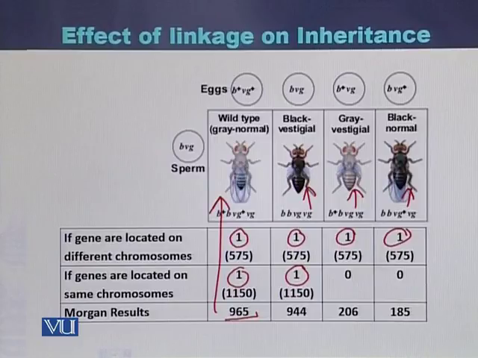In a test cross, if genes are located on different chromosomes, the ratio should be 1, 1, 1 and 1. If genes are located on the same chromosome, the ratio between the progeny should be 1 to 1. So he got two parental types of progeny while there were two different types.